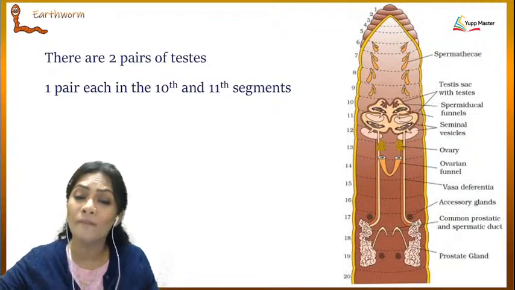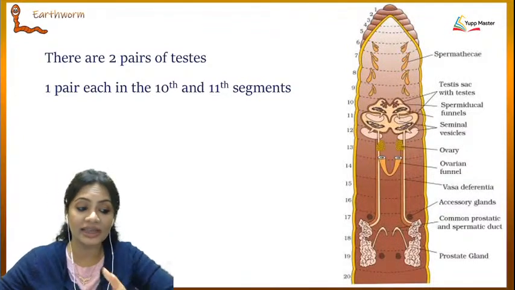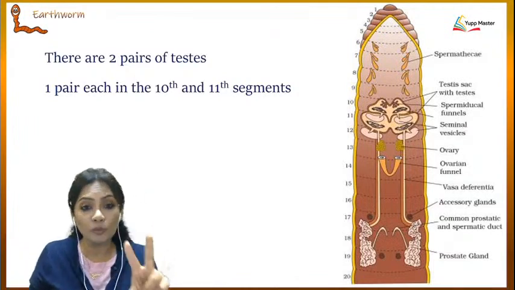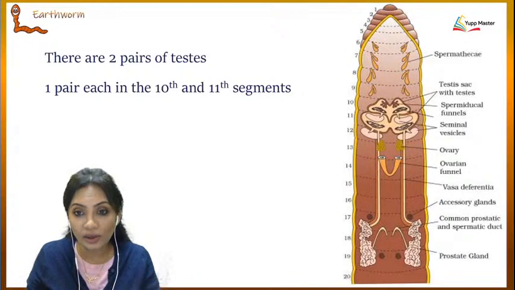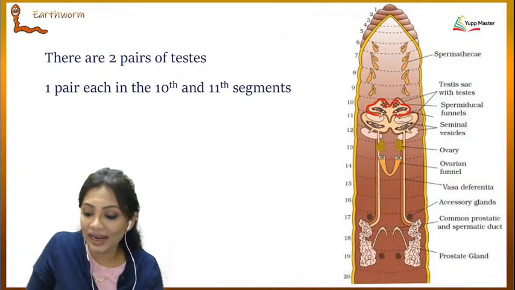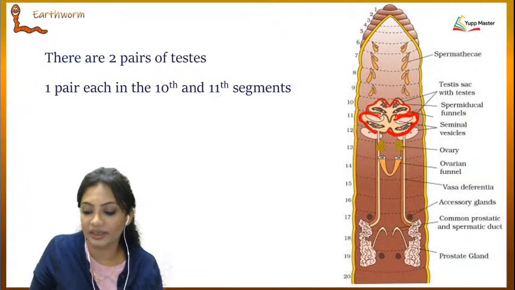We need to know the labelings of it, and please do remember that there are segment numbers over here too. All right, so we see here that there are two pairs of testes. Where are they located? Look at that over here. This is the first pair, and this here is the second pair. Okay, so there are two pairs of testes here.